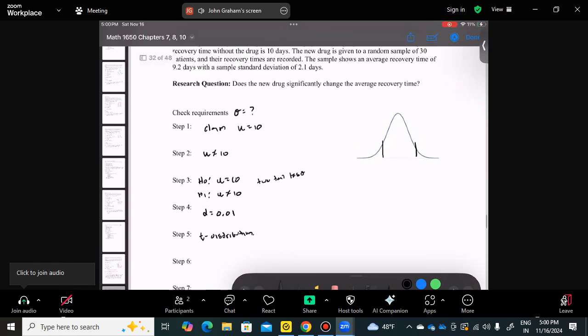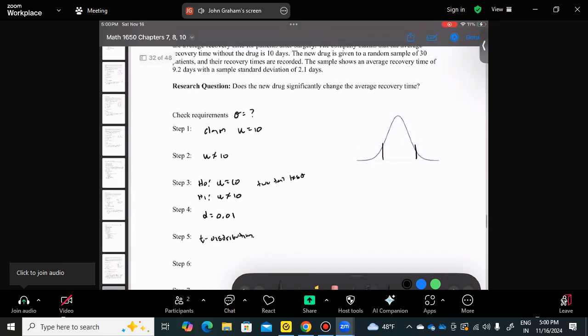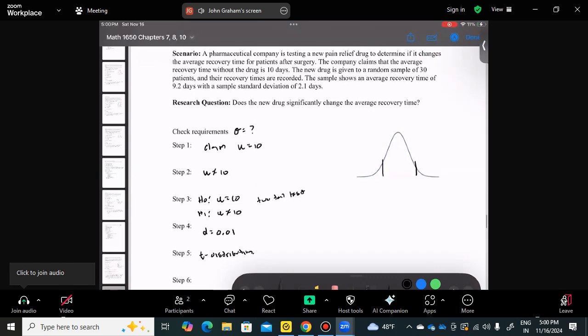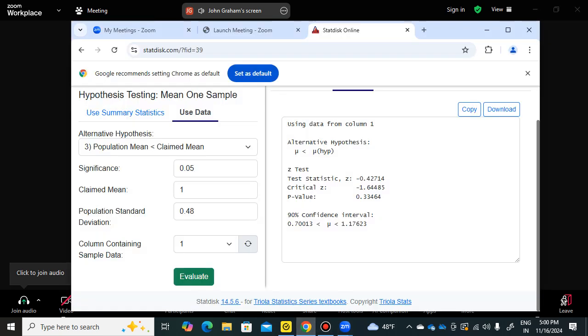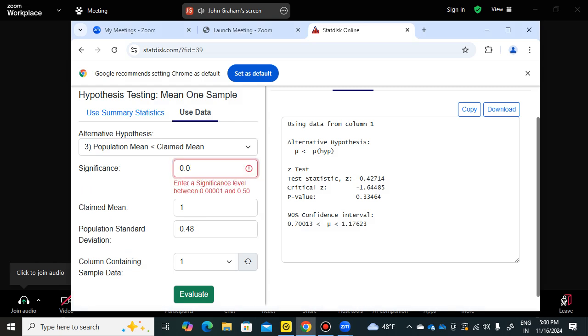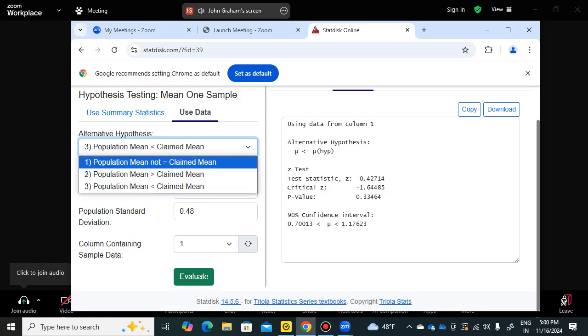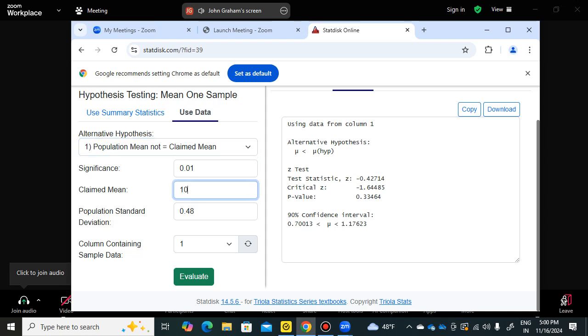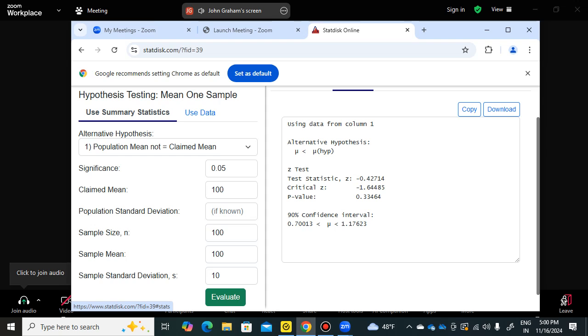So let's run the test. Significance level is 0.01. This is going to be not equal to. Claim mean is 10. We don't have the data, so we have to use the statistics and put those in. Sample size is 30 patients.